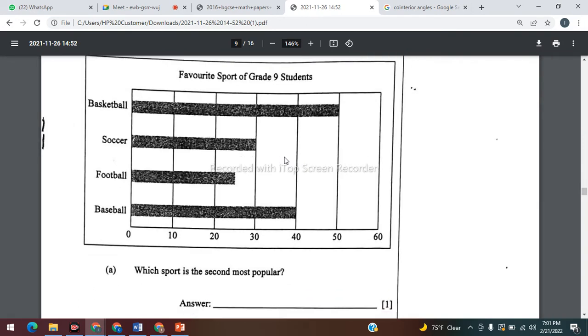All right. So this is a bar graph, and it says here, favorite sport of grade 9 students. For basketball, how many students like basketball?